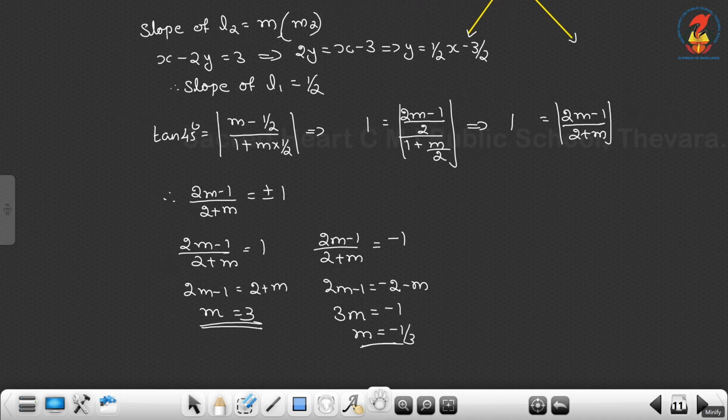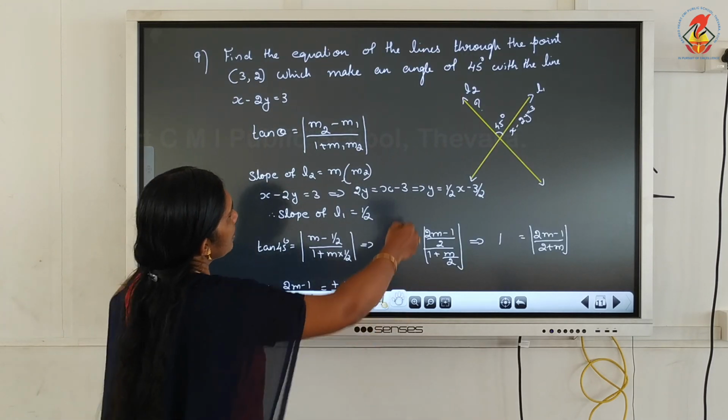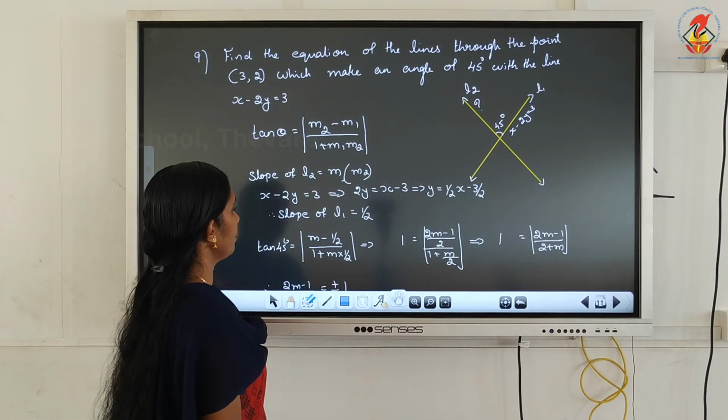Then how do we write the equation? The line is the line L2. This line L2 is passing through which point? (3, 2).